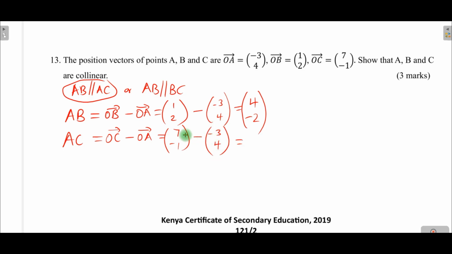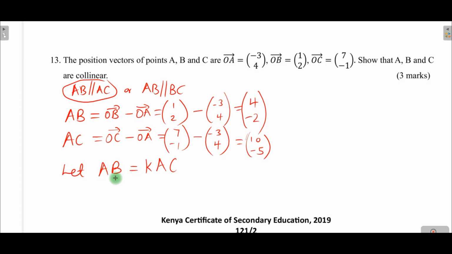If we subtract corresponding elements again, 7 minus -3, we get 10. -1 minus 4, we get -5. And therefore, we say let AB be a scalar multiple of AC. So we need to find K.